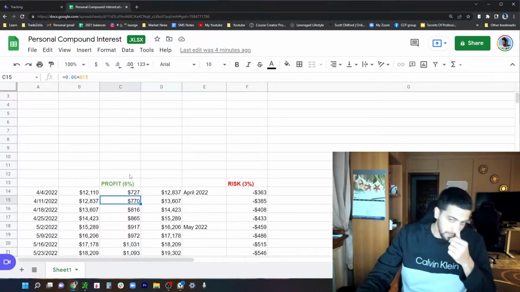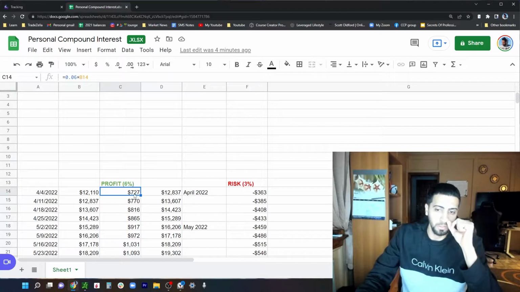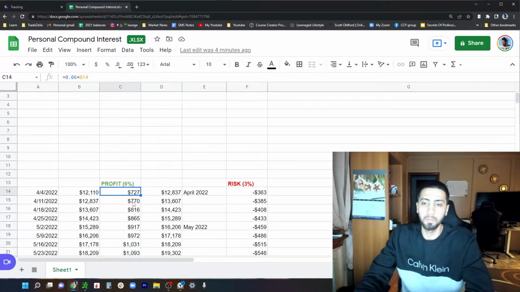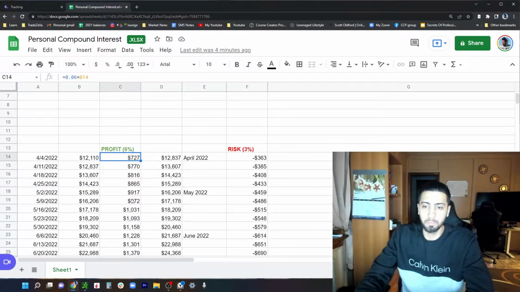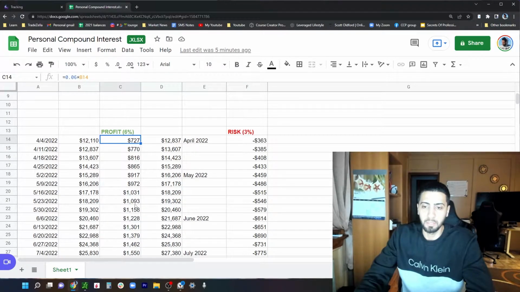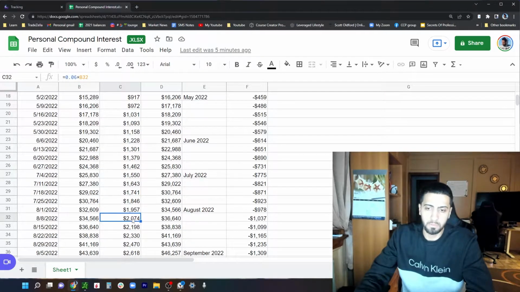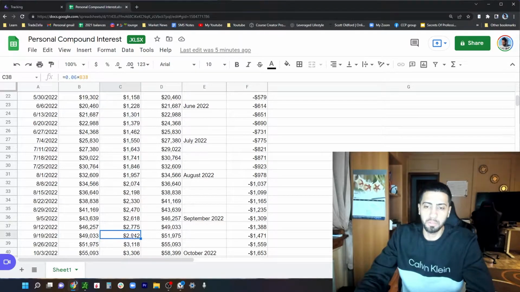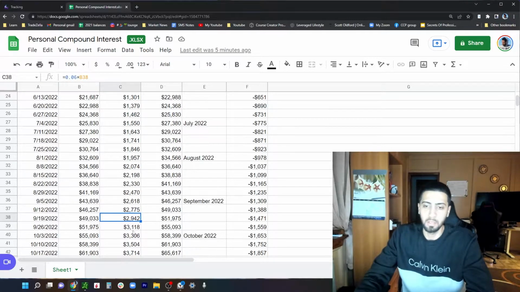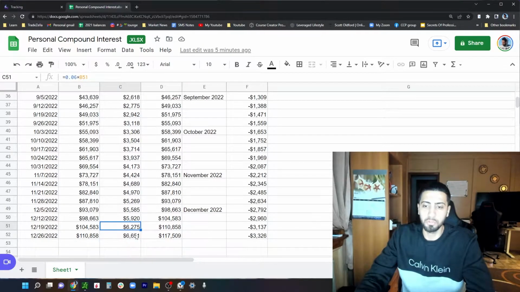Now, that's not that big of a difference, right? That's very small. The only difference is an extra $40. But as we scroll down here, look how that $40 just starts to compound and get bigger and bigger. 1,500 now. 2K. 2,400. Now the difference between this and this is almost $200, right? Difference between this and this, almost $400.